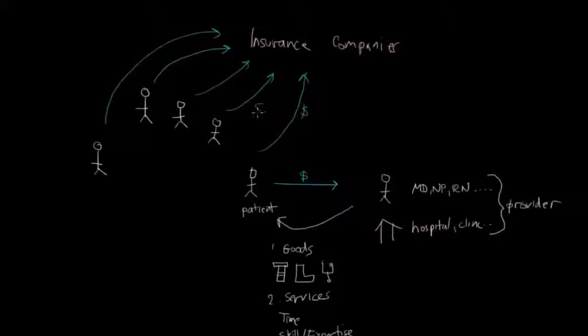And that money is referred to as a healthcare premium. So the insurance company builds up a cushion of a lot of money. And so if any of their subscribers or patients does develop a real serious medical problem, they have the ability to actually pay those additional costs.